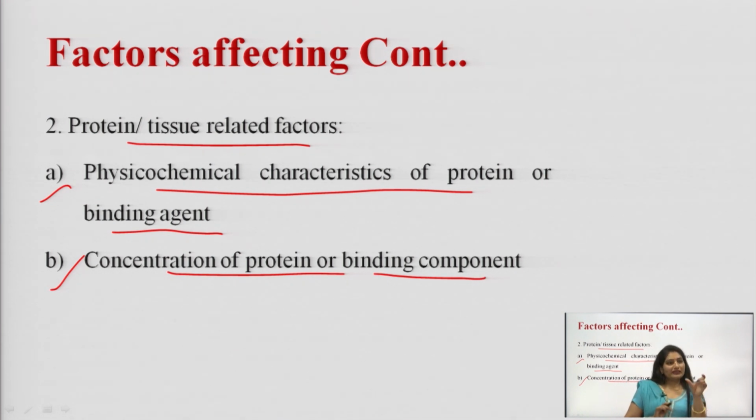Physicochemical characteristics means physical and chemical characteristics, so the protein drug binding will also depend upon the physical and chemical properties of the proteins or the binding agent. Second is concentration. The amount or the concentration of the protein present also affects the extent of protein drug binding.